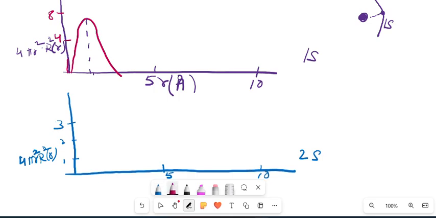Then the maximum is at about this point.